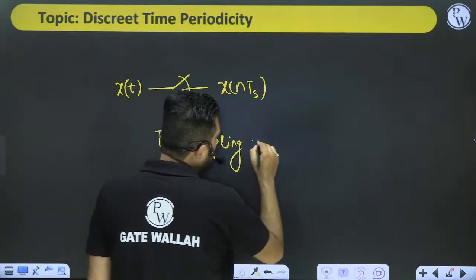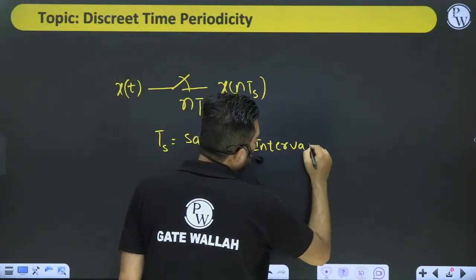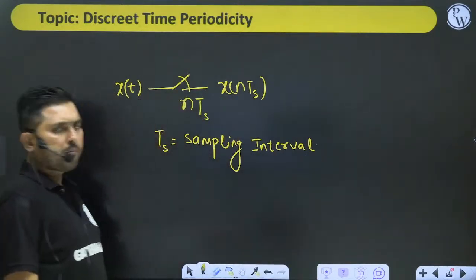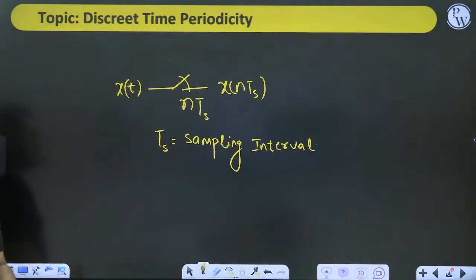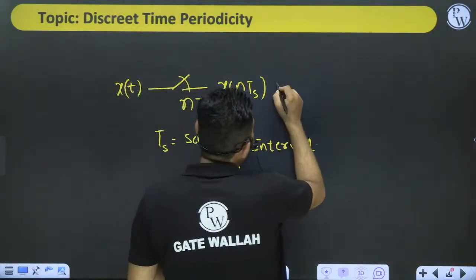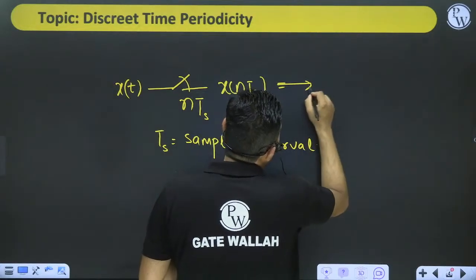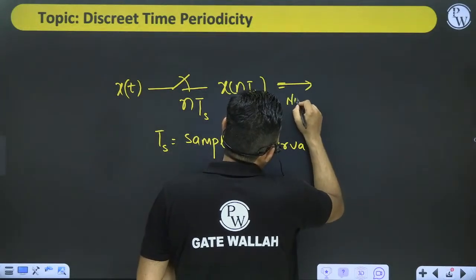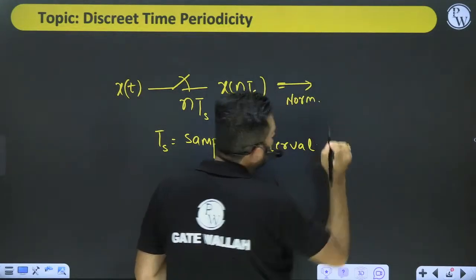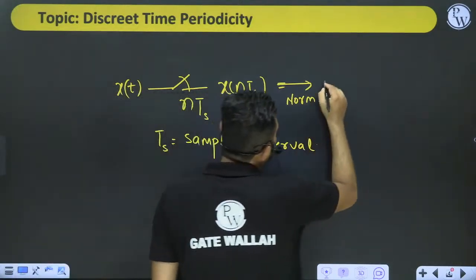If I normalize, meaning divide the whole axis by Ts, then I will get x[n].